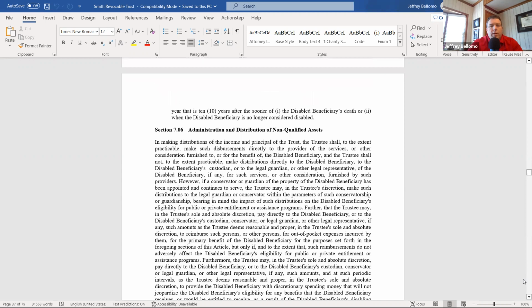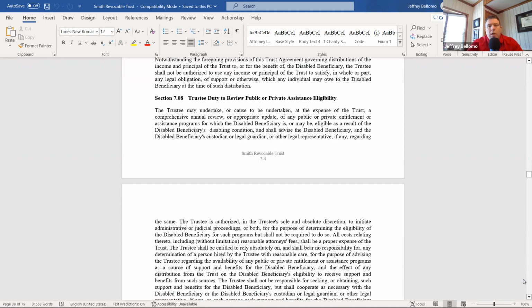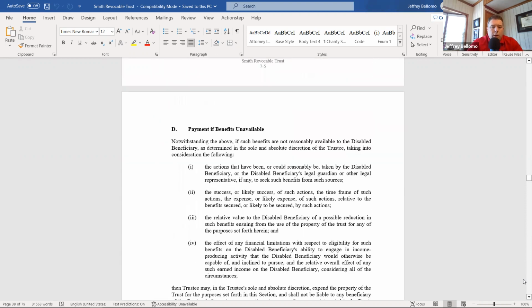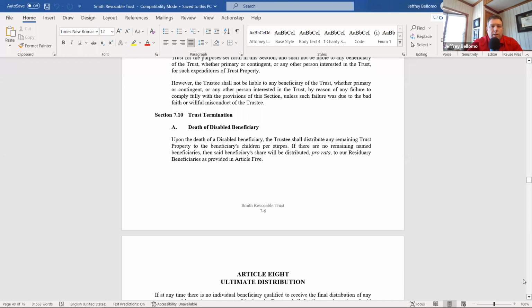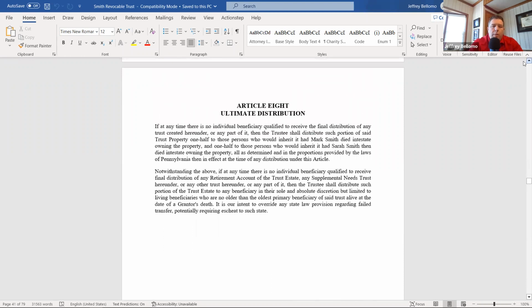Again, wanting to maximize benefits, also take advantage of any tax consequences that we can. And we're going to be able to take into consideration other benefits and potentially lose benefits if we end up receiving it, if we think that it's worth it. Again, this is another fallback to a fallback to a fallback.